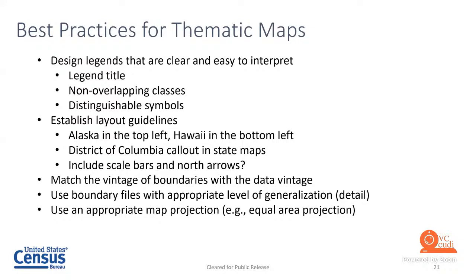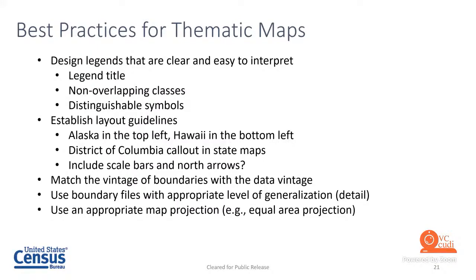Another example of layout guidelines relates to the District of Columbia, or DC. DC is a state equivalent, but it's very small. So on page size maps, like on a typical 8.5 by 11 page size map that shows state level data, we will show an enlarged version of DC off the East Coast of the US with call out lines going from its actual location to the call out location.